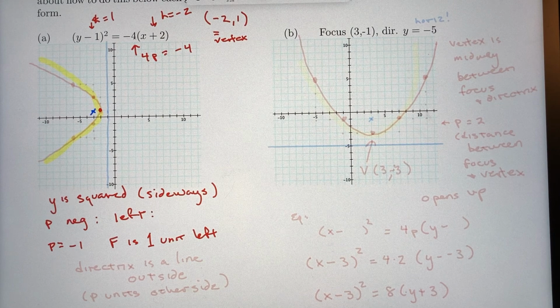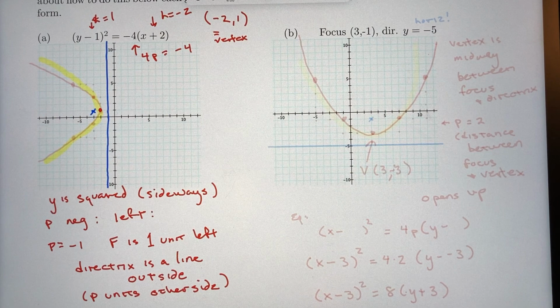The directrix is a line outside, P units on the other side. So in this case, the directrix is this line, 1 unit on the outside.